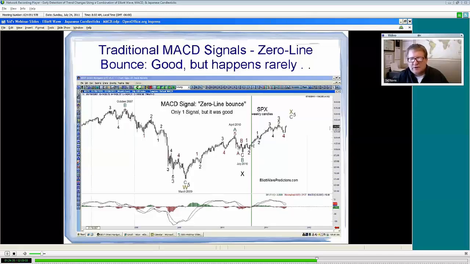And frankly, that's a signal an Elliottician would have taken, because if the long-term count was correct, they would have seen an A and a B and a 1 and a 2 and a possible breakout above 1 right here. There's a lot of reasons that would have been a good decision-making spot, but the best way that traditional MACD would catch it would be with the zero line bounce.